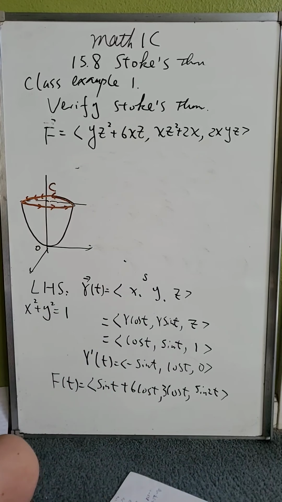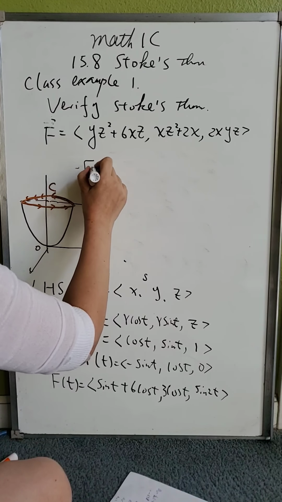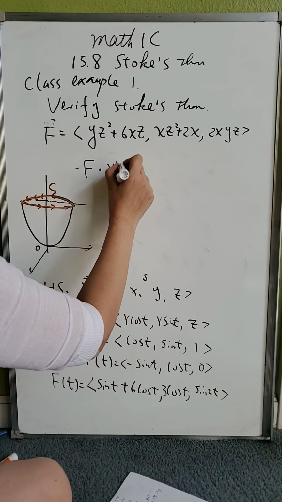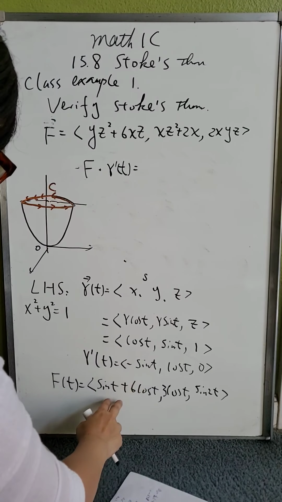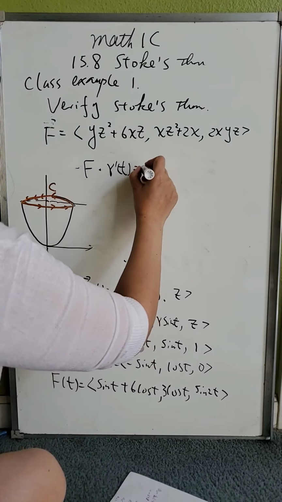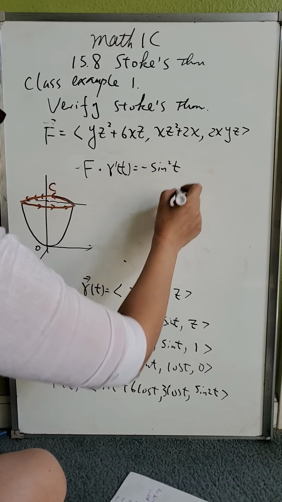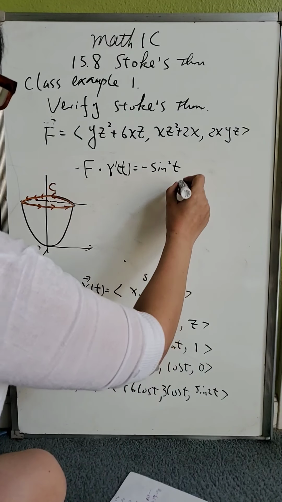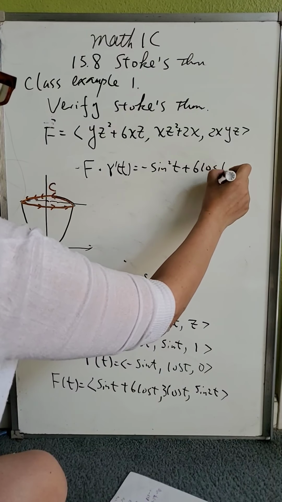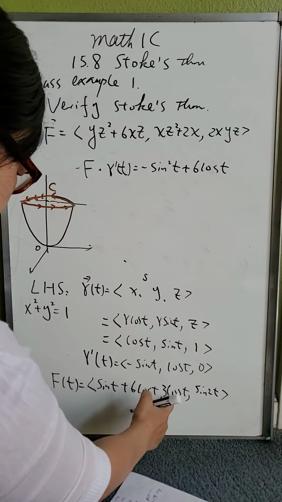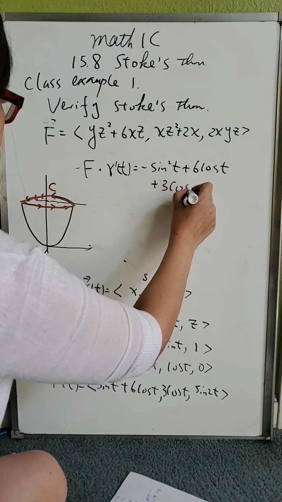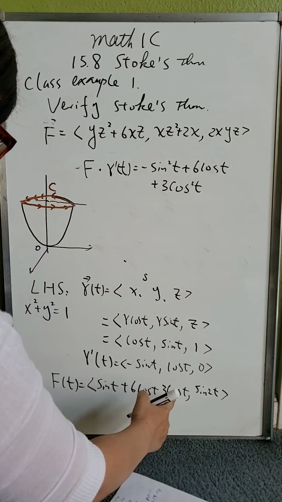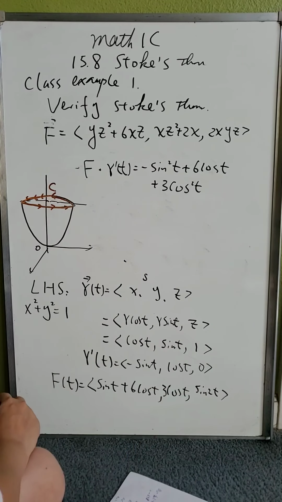Okay, so now I take F dot R prime T. That's equal to this dot this, so it's equal to negative sine square T plus 6 cosine T. And then this dot this is a plus 3 cosine square T. Oh yeah, and then this is 0.